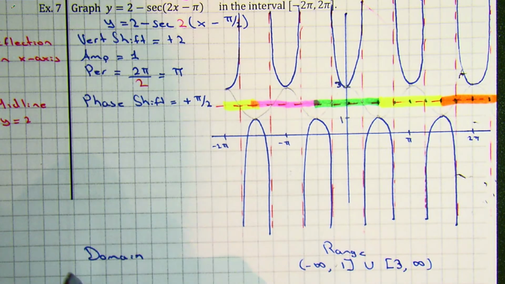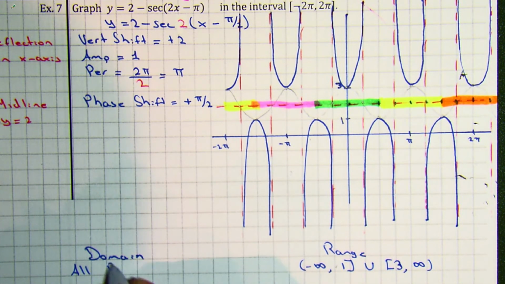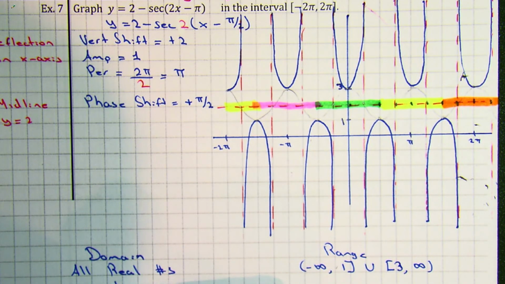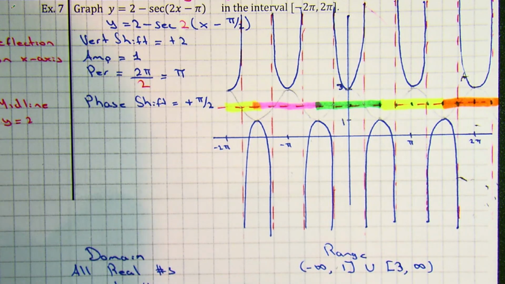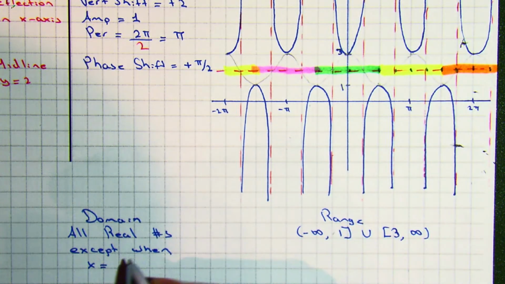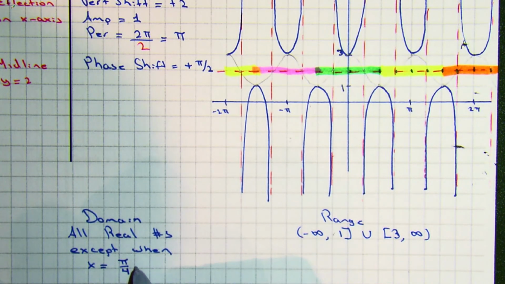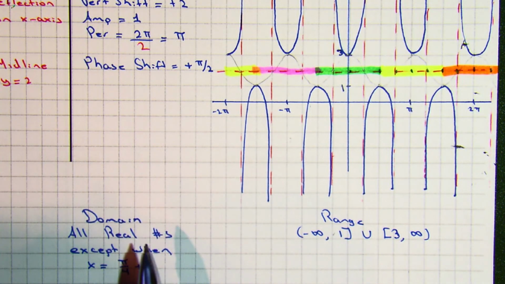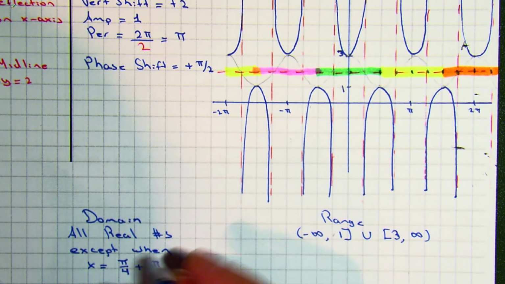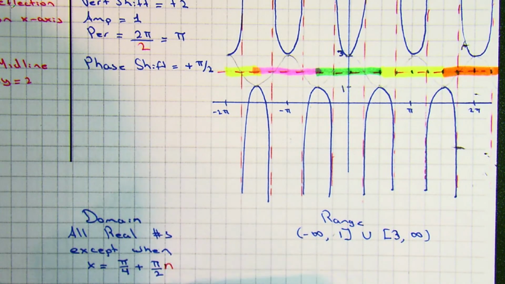Your domain is all real numbers except for when x is equal to, we need to select one of the asymptotes. We'll select pi over 4. And then I need to be able to find out how often does it repeat. Remember, they repeat every half of your period, every pi over 2, where n is any integer.